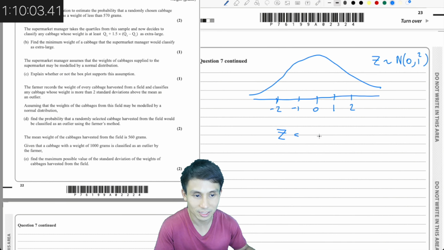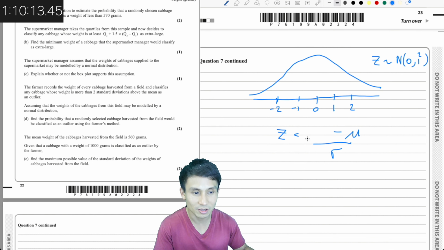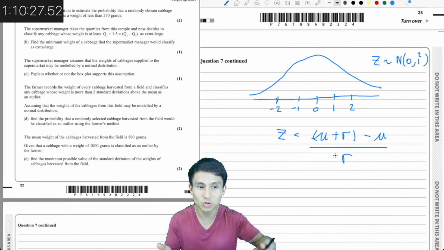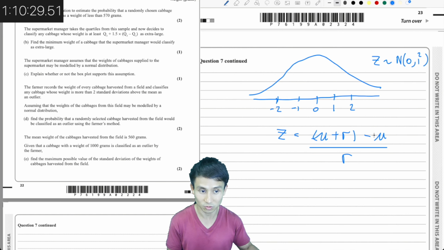You have X minus mu over standard deviation. That's the formula. The X value to get Z of 1 is mu plus 1 standard deviation, minus mu, divided by standard deviation. So it's greater than mu by 1 standard deviation. If you cancel out, do the math here, you get 1.